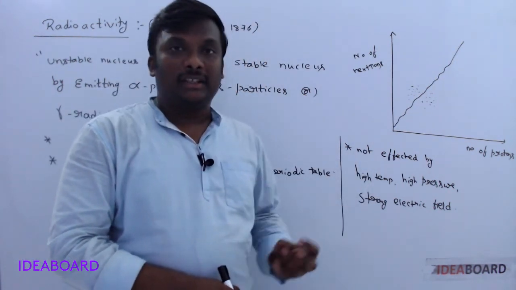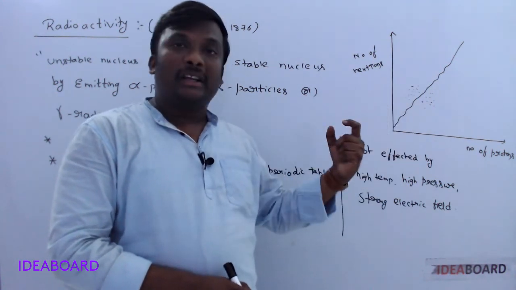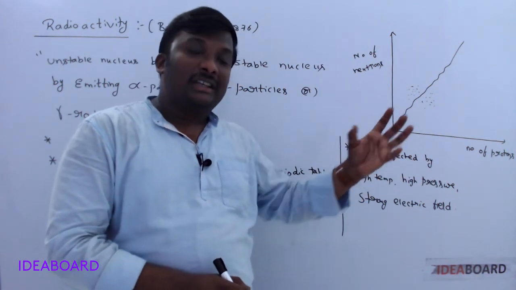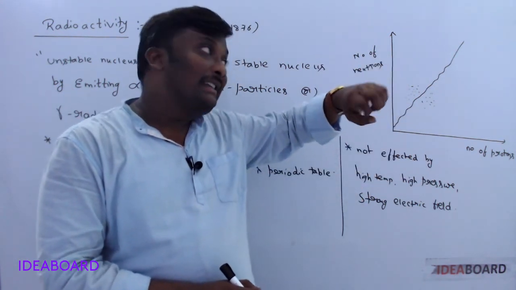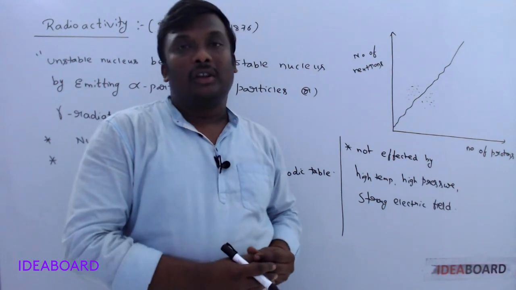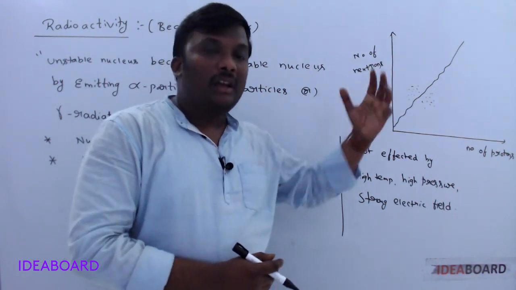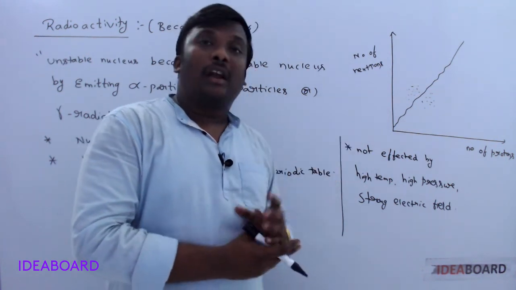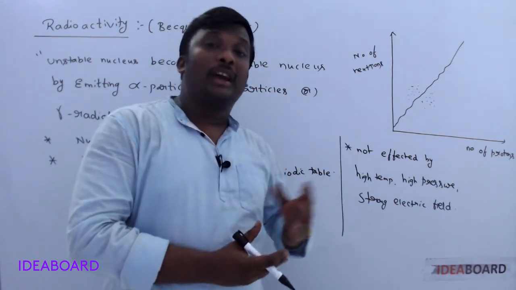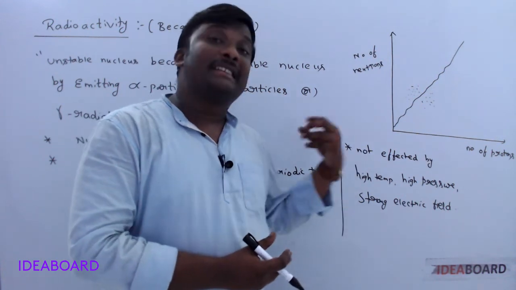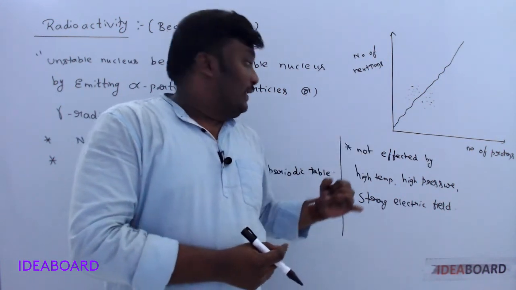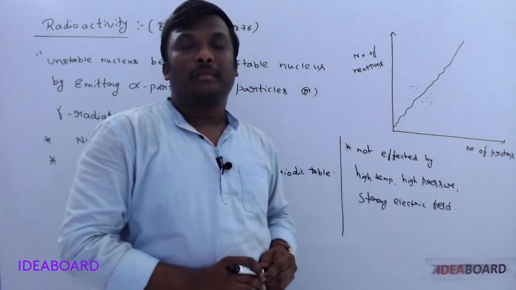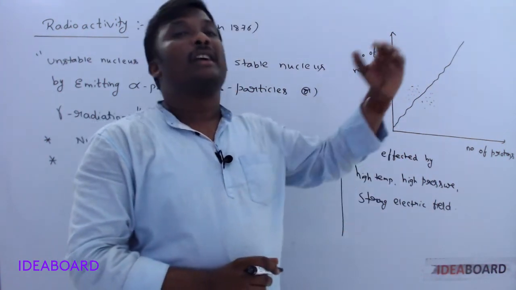In atoms, we learn that the electrons are bound around the nucleus. If you give a certain amount of energy, the electrons gain the energy and are liberated from the atom. We learn this in the atom chapter. There are some electron emission processes we observe: thermionic emission, in which temperature is increased, and field emission, in which a strong electric field is applied. Based on that, electrons are liberated from the atoms.